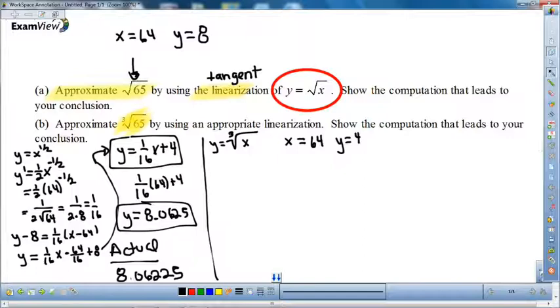So we're going to go ahead and take the derivative. This is similar to part A. We're going to take the derivative, so that's going to be 1/3 x to the negative 2/3.